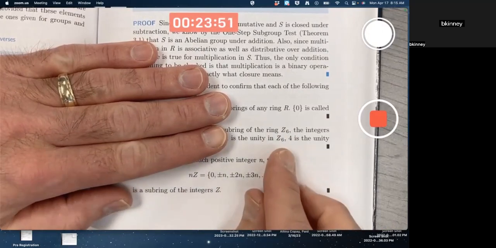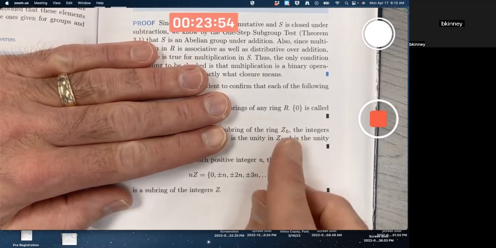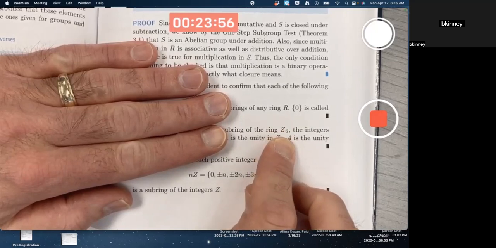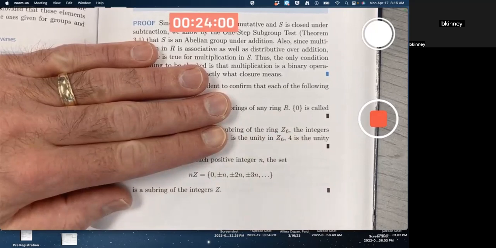For example, 3 times 4 is 0. Remember, the 0 is kind of a problematic element. I mean, it's there. We can't deny its existence. But it's problematic for multiplication because 0 times anything is 0. And if you make the multiplication table, it's not a Cayley table.